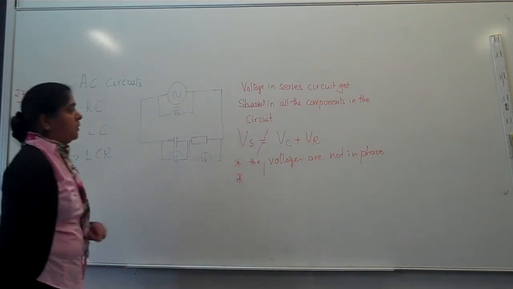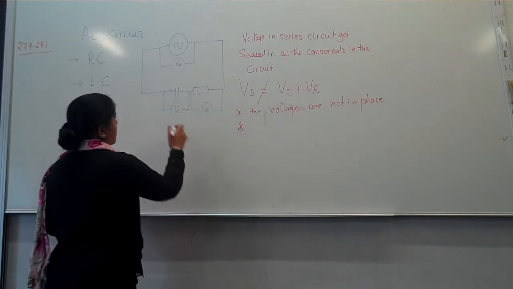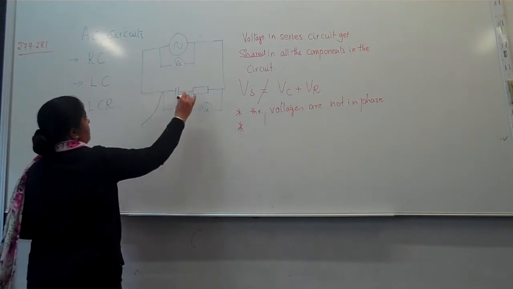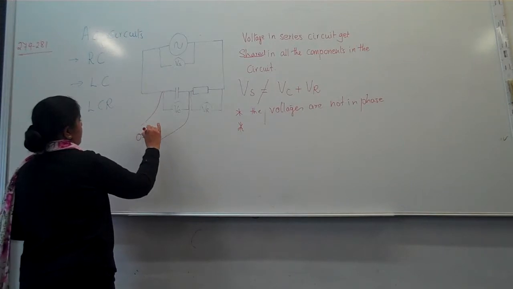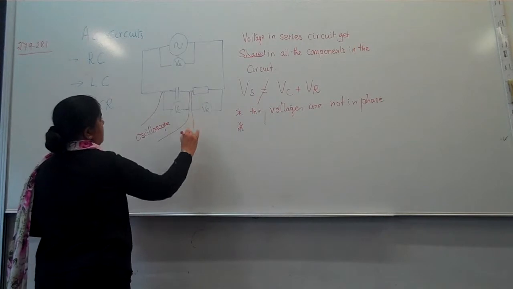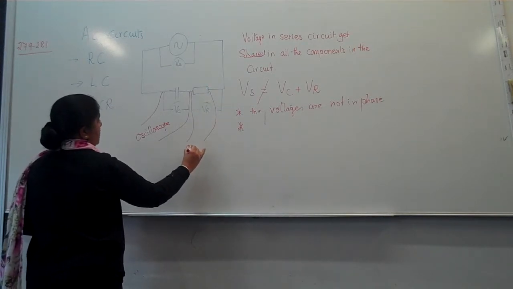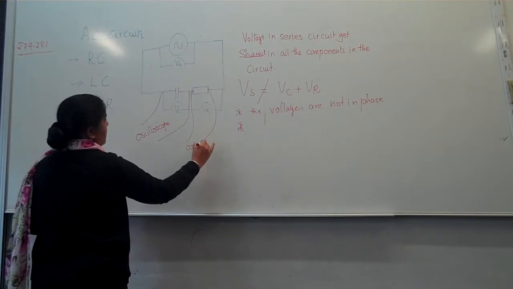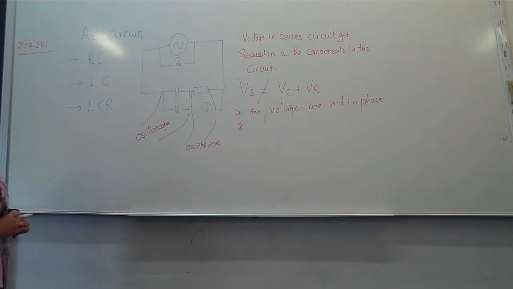Okay, and what I mean by that is, if we connect here an oscilloscope and we connect the other end of the oscilloscope here, because most oscilloscopes can actually read two things at a time. They are dual oscilloscopes.